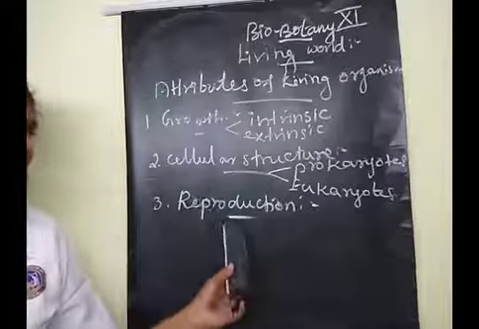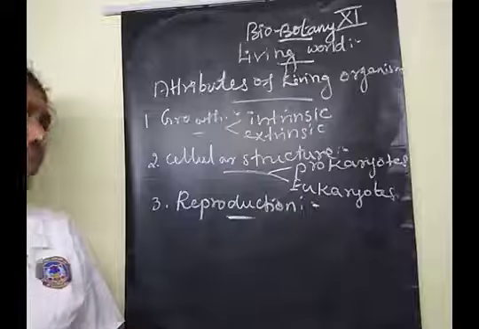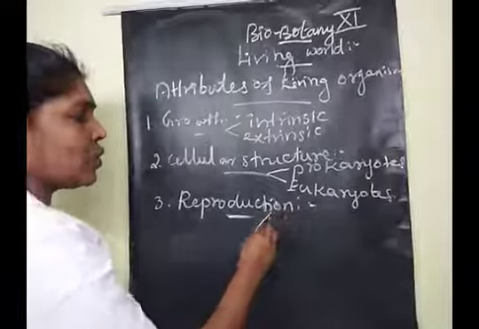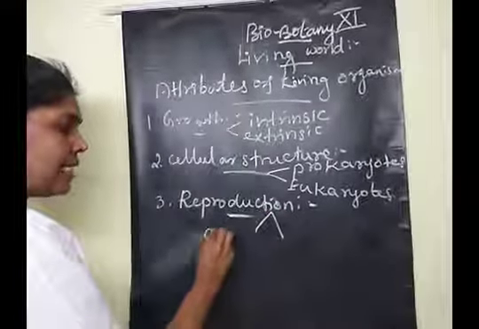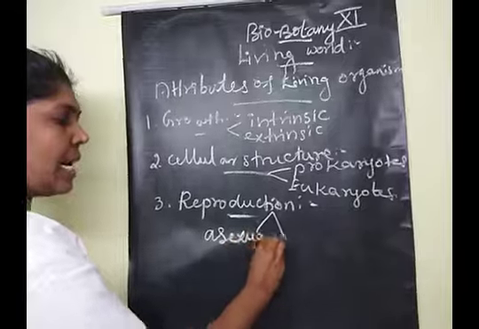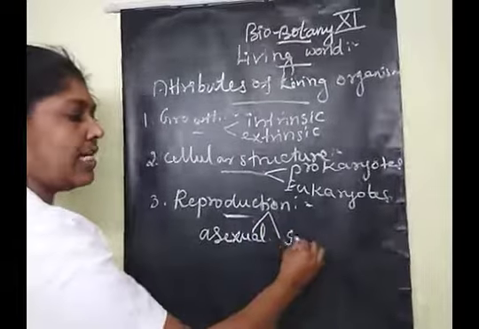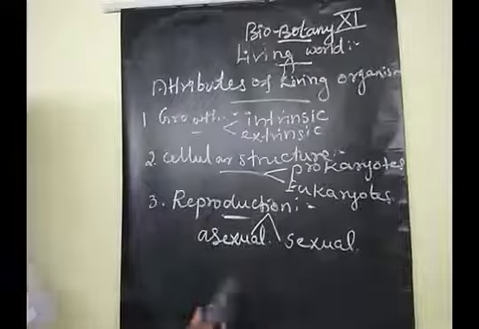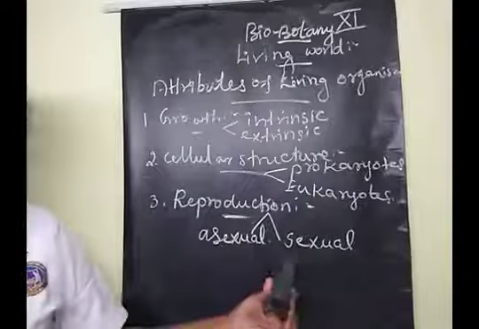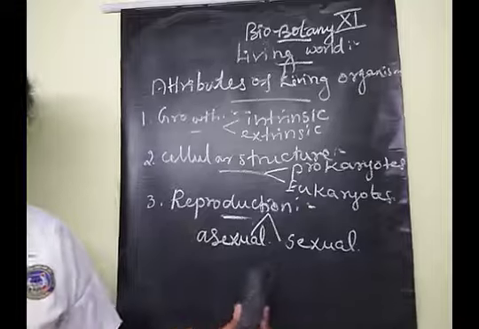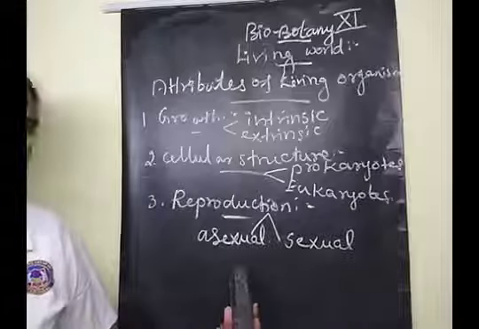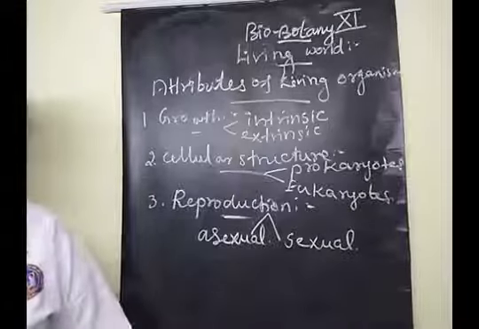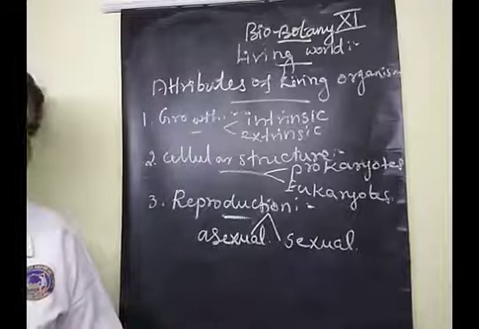So reproduction can be defined in two terms. One is asexual reproduction, and another one is sexual reproduction. What are the two types? Asexual and sexual reproduction. Asexual reproduction means without involvement of gametes.